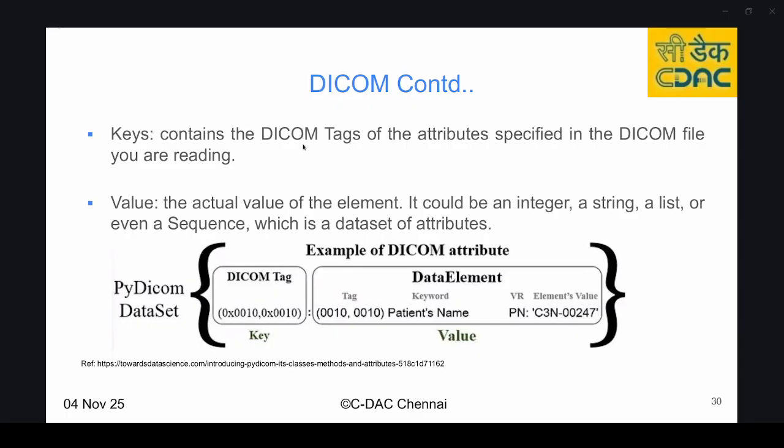In DICOM format, along with the image, there will be some metadata information stored along with a DICOM tag. A DICOM tag is a number like this, 0x0010, which is a key, and there will be a keyword associated with each tag, like patient name, and there will be a value. Here the value is the patient's OP number only, because for data security purposes they don't want to reveal the name.